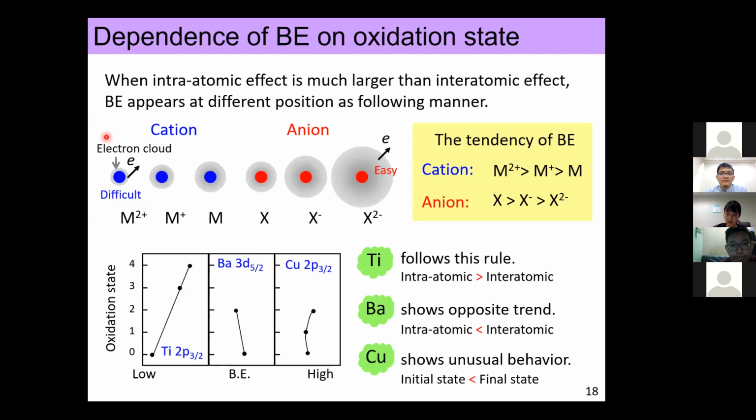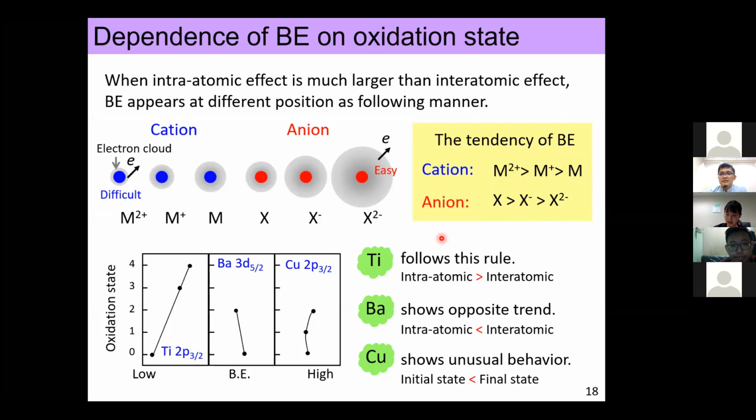When intra-atomic effect is much larger than interatomic effect, BE appears at different positions in the following manner. The tendency of BE for cation is that divalent species has higher BE than monovalent one, and the monovalent one has higher than the metal one.